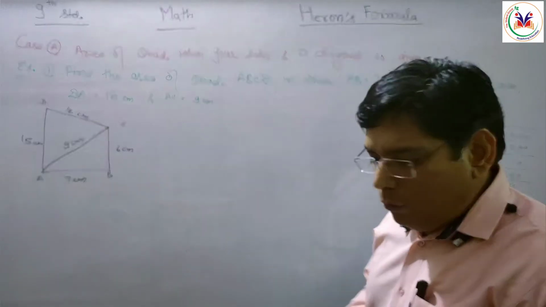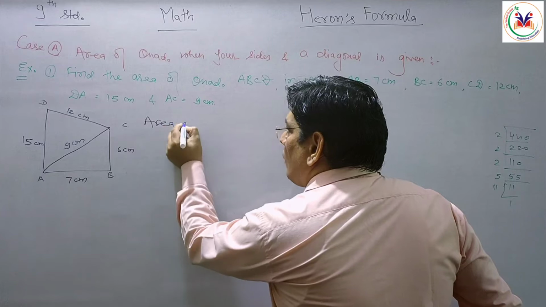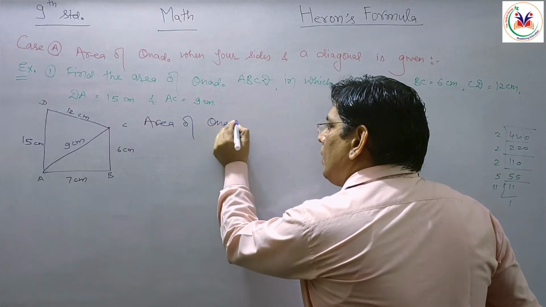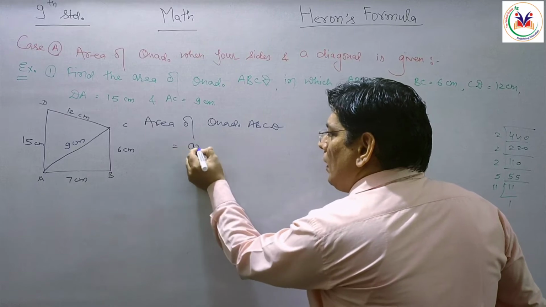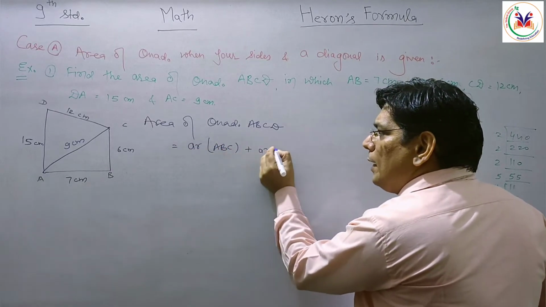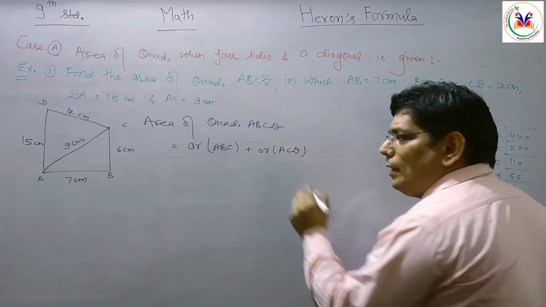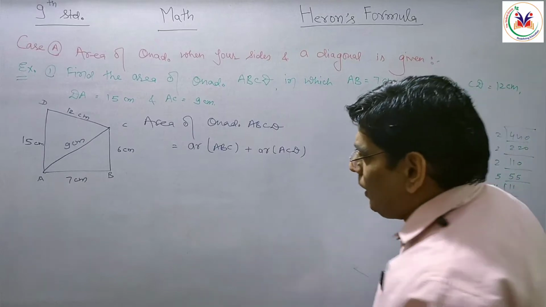So now, how should we start? First of all, area of quadrilateral ABCD equals area of ABC plus area of ACD. First we have to get the area of ABC.